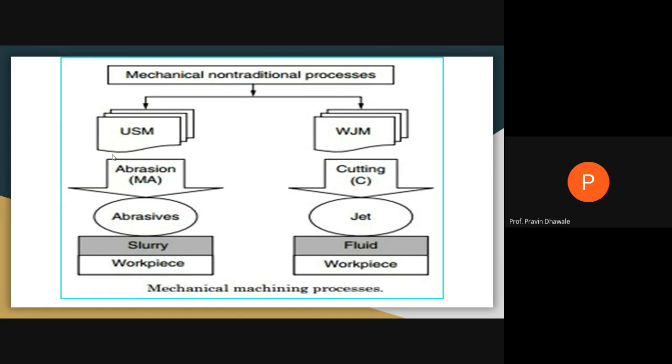Just draw the block diagram. Mechanical energy based non-conventional machining process.